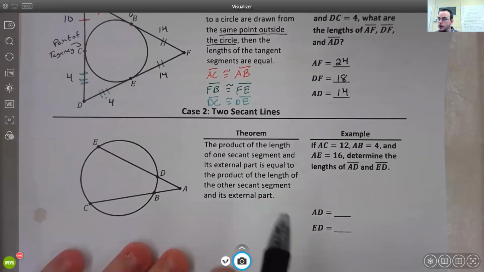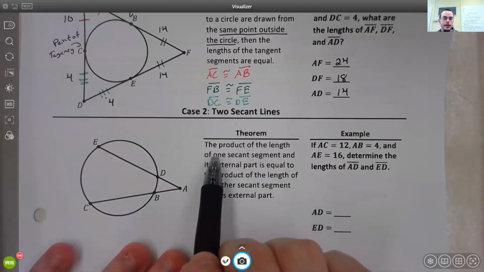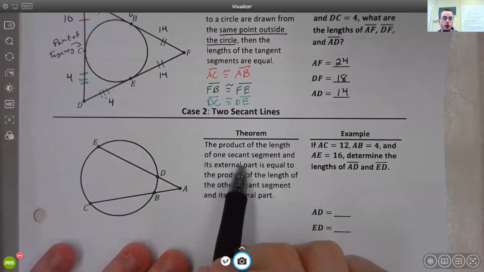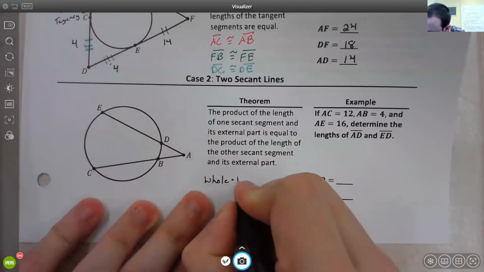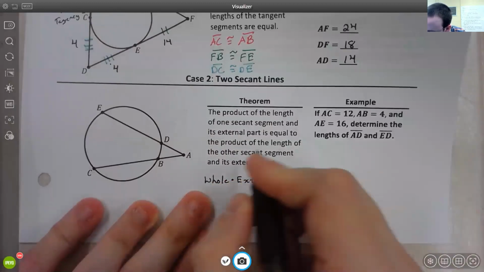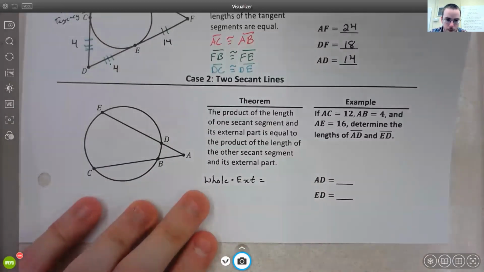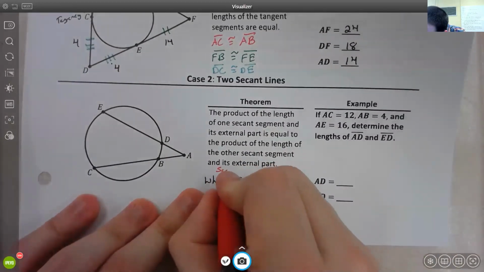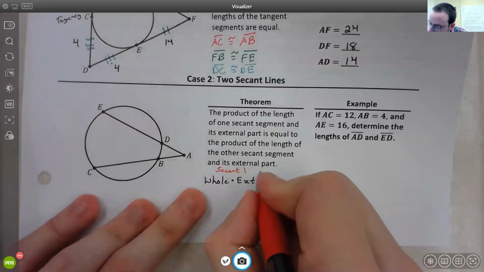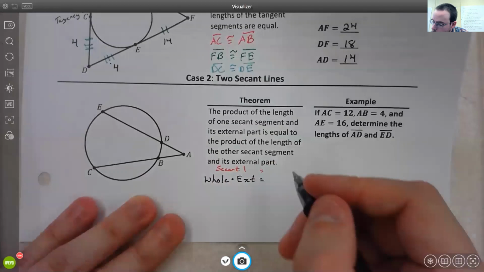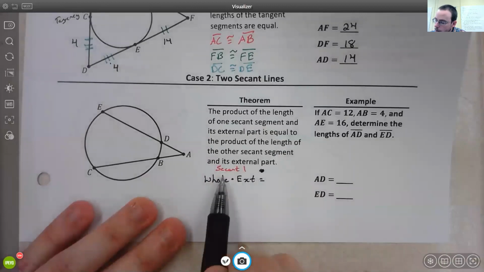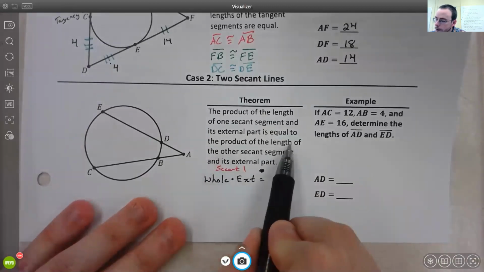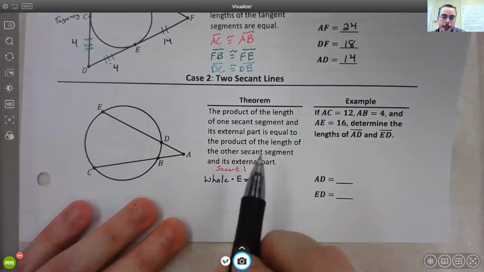The product of the length of one secant segment and its external part, so the whole secant segment times its external part, so this is for secant 1, and then for secant 2, this product is equal to the product of the length of the other secant segment and its external part.